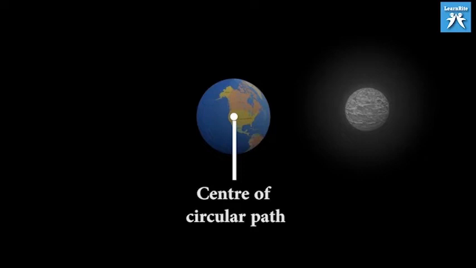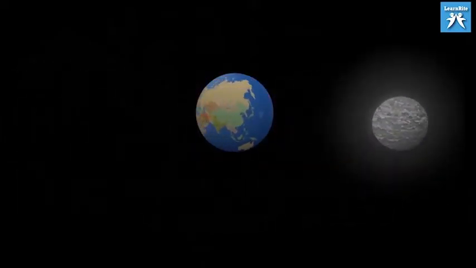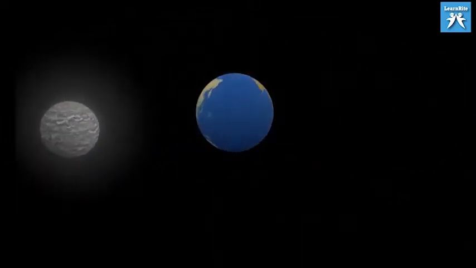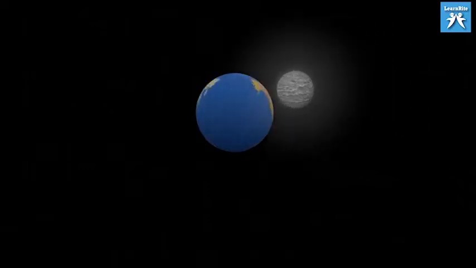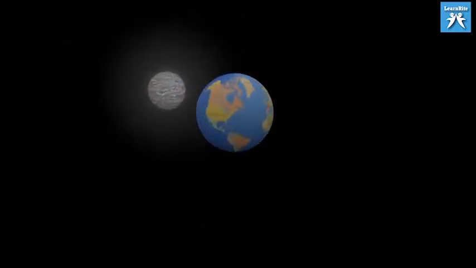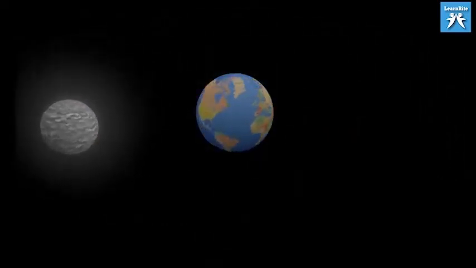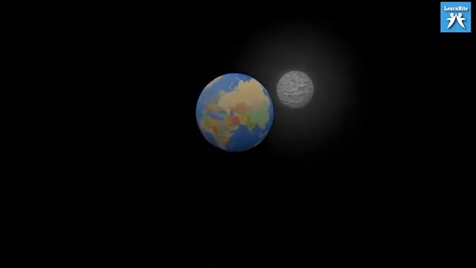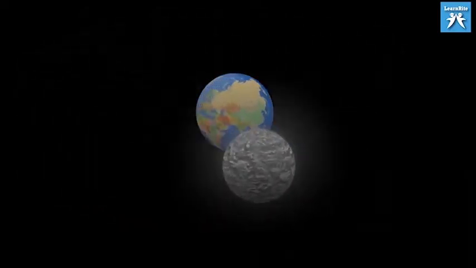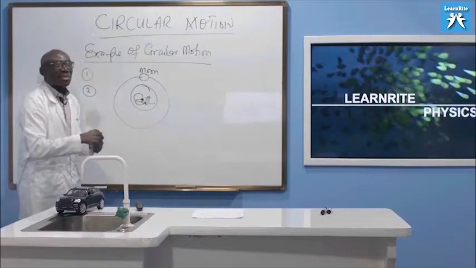But you see, because we are looking at the motion of the moon and not the earth, it means that the moon lies outside the center. And be very careful. The moon lies outside the center. And so the moon is performing circular motion around the earth.